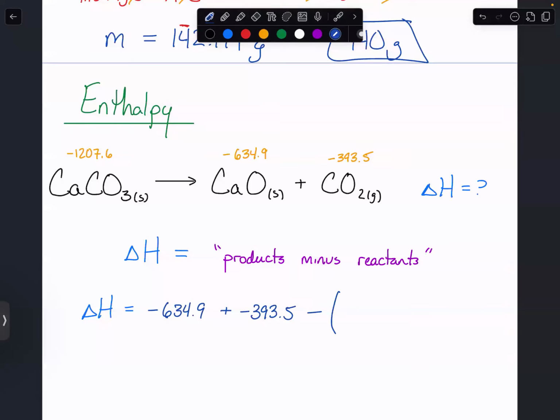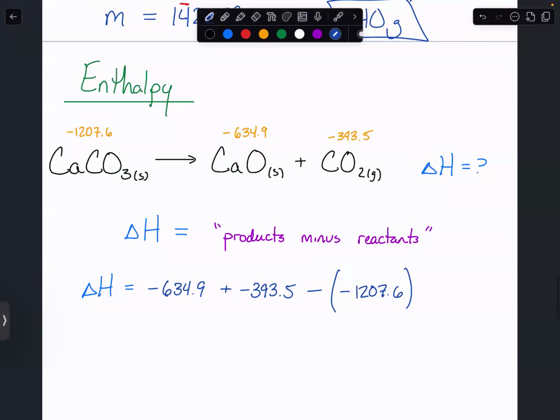And then I'm going to subtract that negative 1207.6. Okay. All right, so punch that into my calculator and I get the delta H of this reaction is equal to positive 179.2. And again, our units for our enthalpy values are in kilojoules per mole.